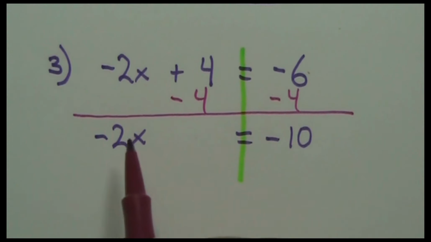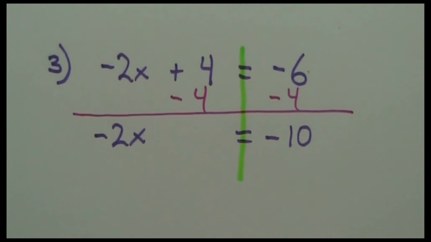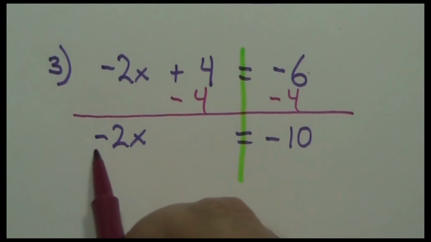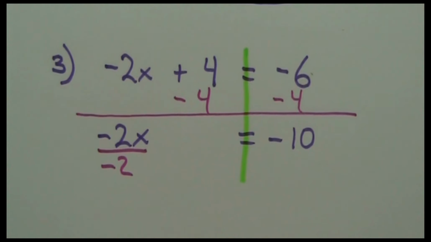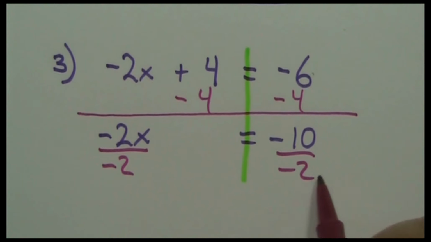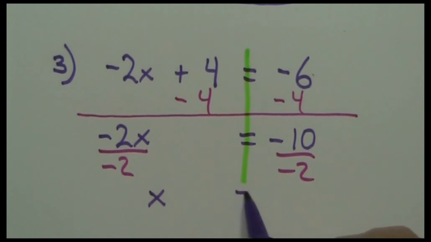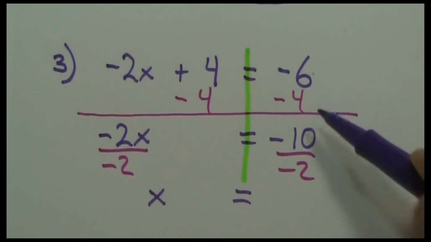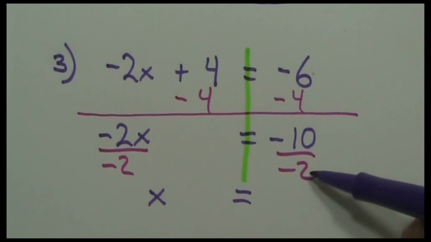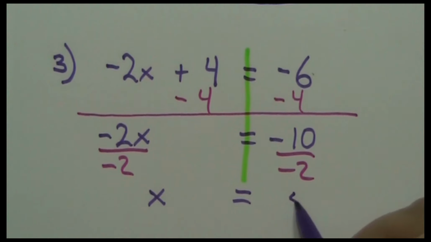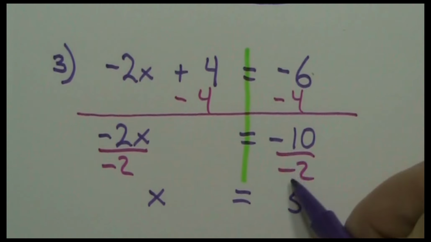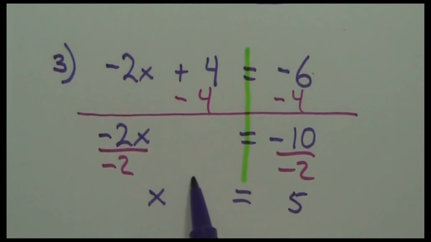To get rid of the coefficient, right? Divide by -2. And this will make it 1x. On the right side, 2 goes into 10, and 2 negatives cancel when multiplying or dividing.